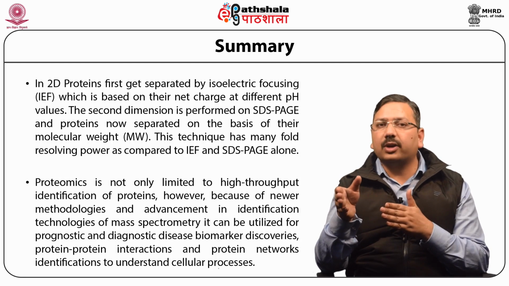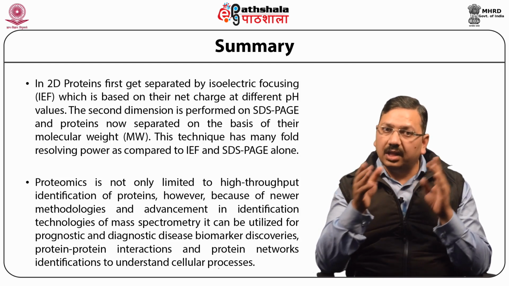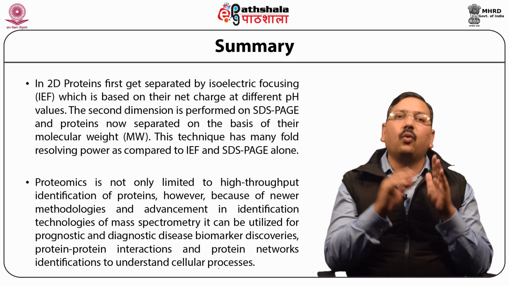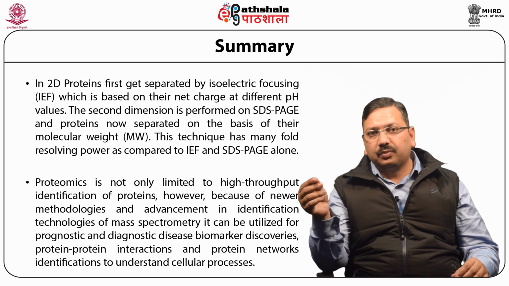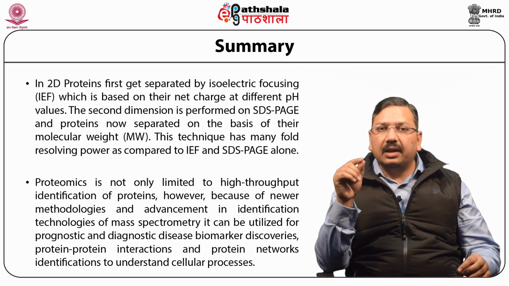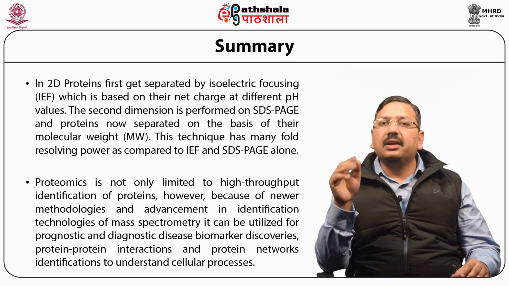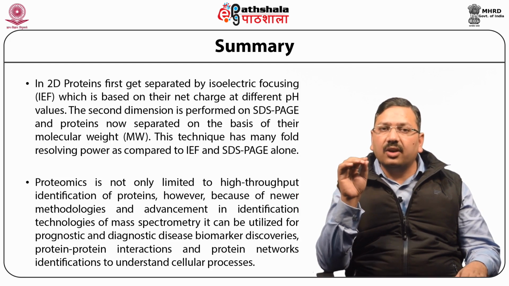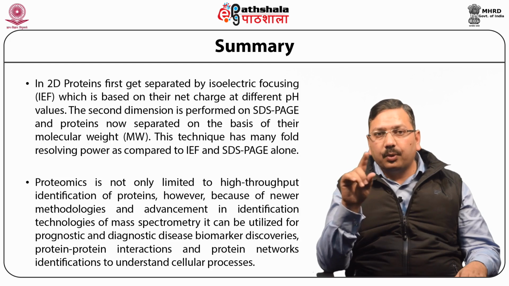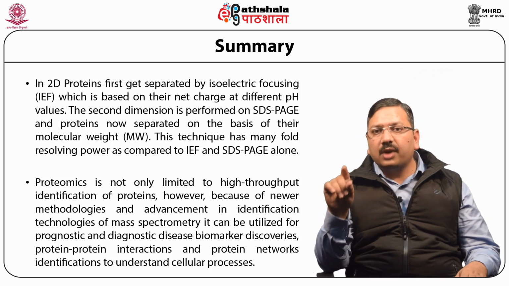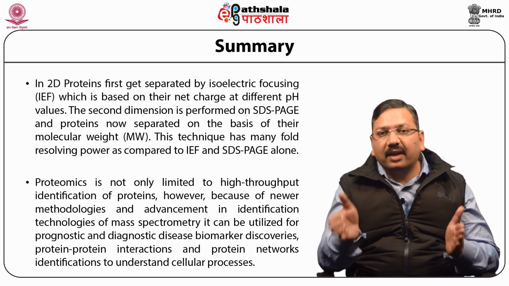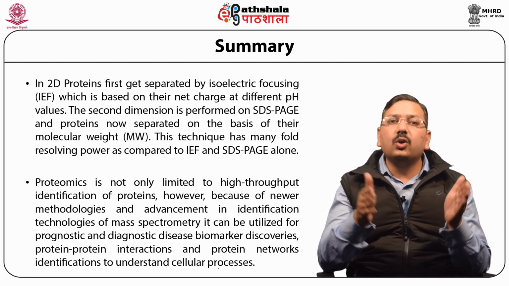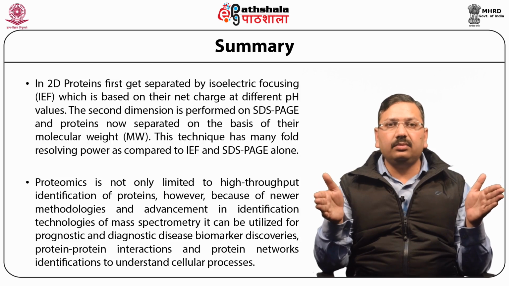In mass spectrometry identification, the first thing that comes is peptide mass fingerprinting. As the name suggests, peptide mass fingerprinting depends on the fact that if a peptide or a protein is cut up or fragmented in a known way, the resulting masses are unique enough to identify this protein.